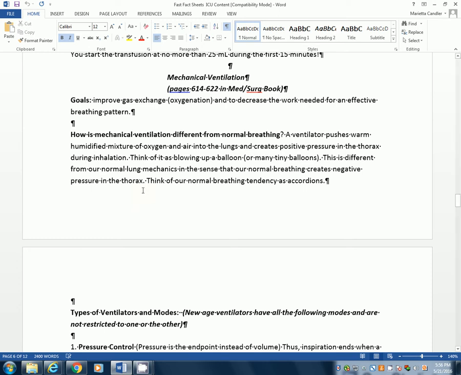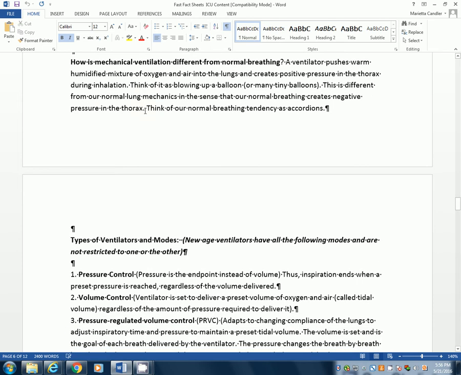Okay? So why do we put someone on a ventilator? Well, we want to improve gas exchange, right? Oxygenation. Or it could be to decrease the work needed for an effective breathing pattern as well. So our whole goal is to get them healed and then back off the ventilator, right? So how does mechanical ventilation differ from normal breathing?